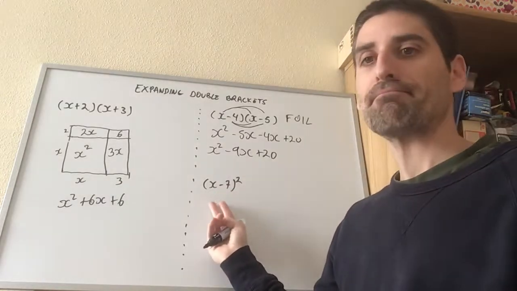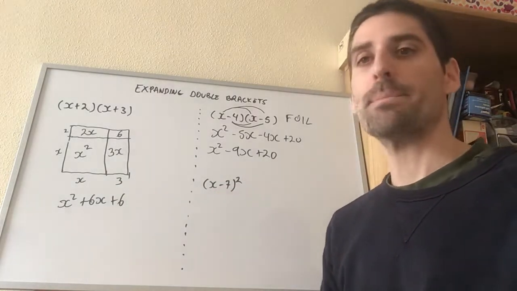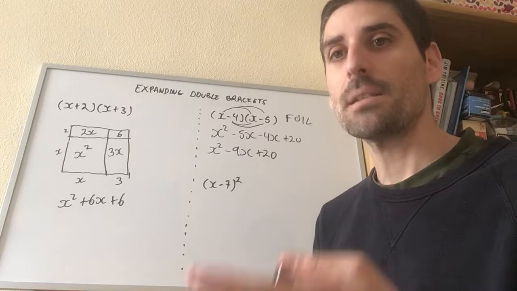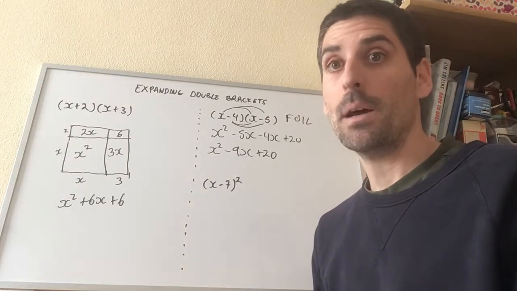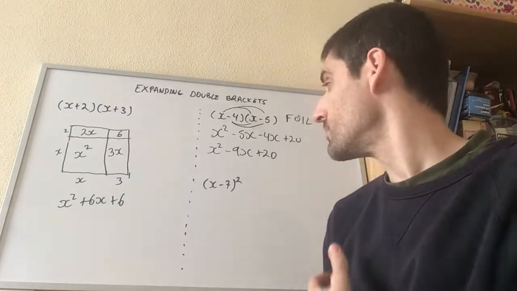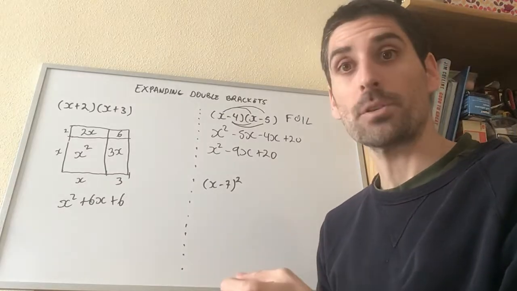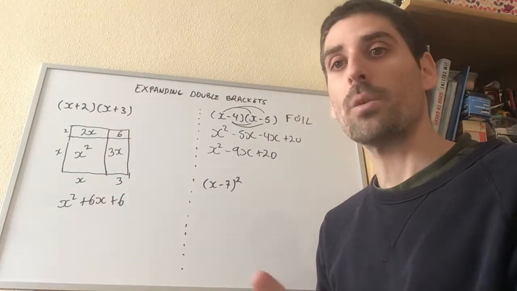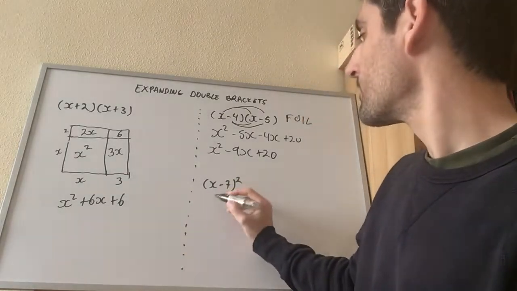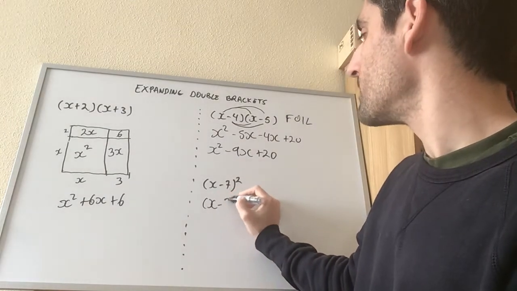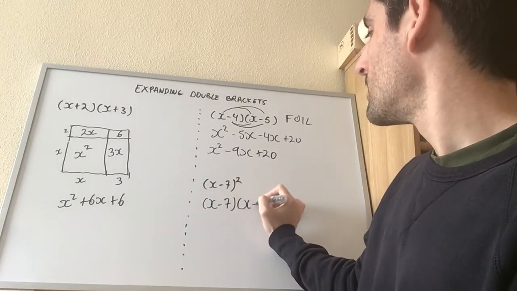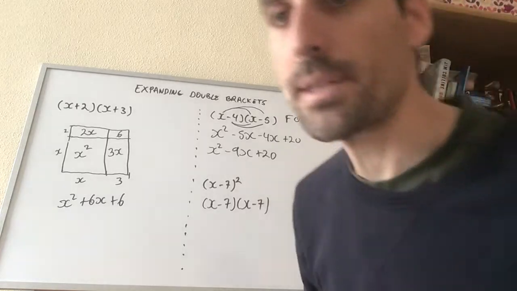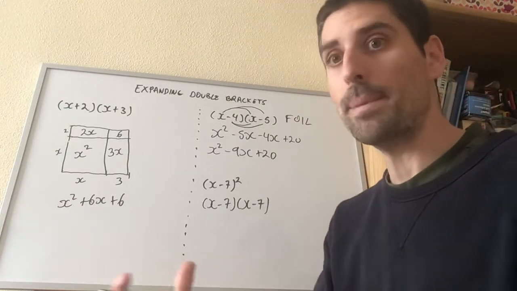And here, this example, x minus 7 squared, doesn't look like a double bracket, but it is, because we should be able to quickly spot that x minus 7 squared means x minus 7 times x minus 7, just the same bracket repeated.